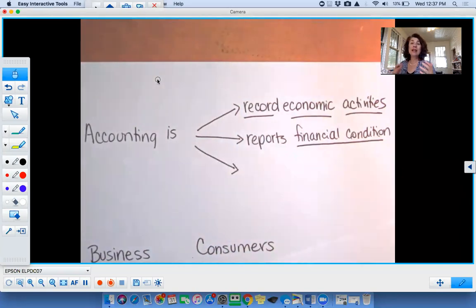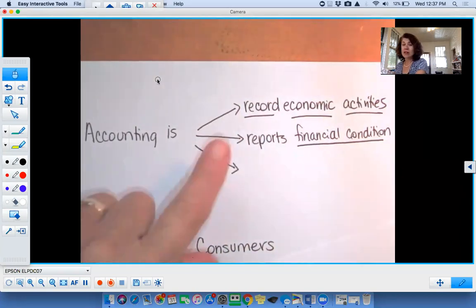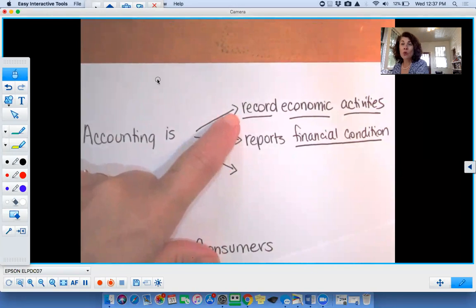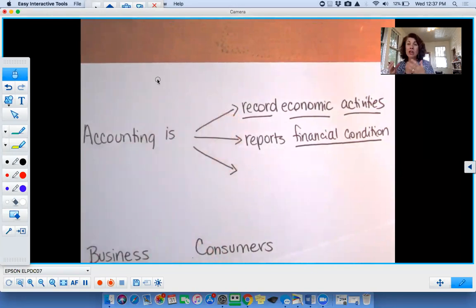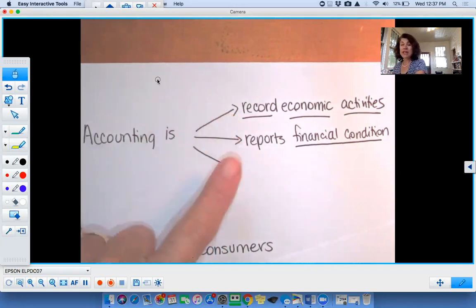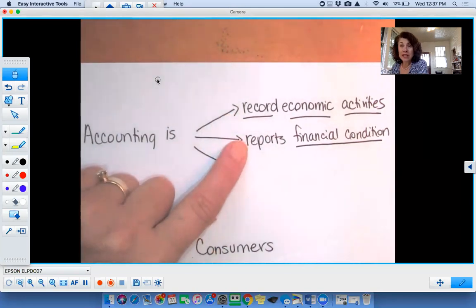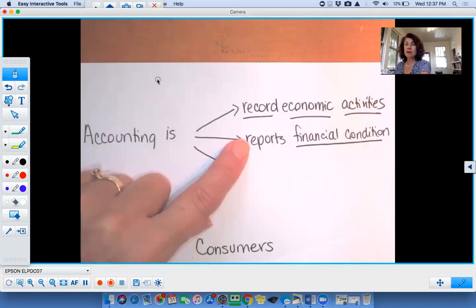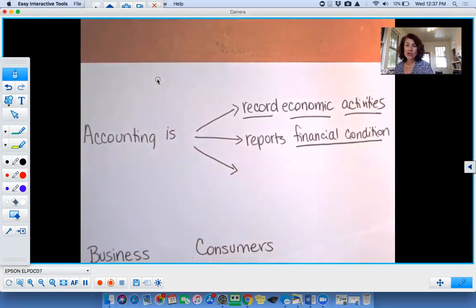So even if you're not an accounting major, even if you're never going to create those journal entries and record those transactions that happen, you need to be able to understand those reports, those financial statements that accountants are going to create. You need to be able to analyze that, understand that, and also communicate your findings with other people in the business world. So it's very important that you understand the terminology.